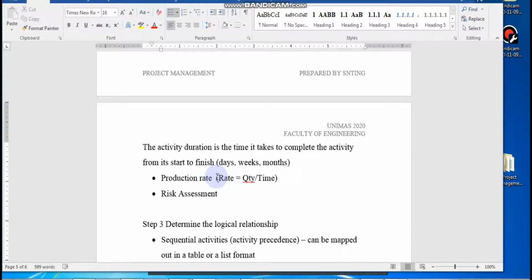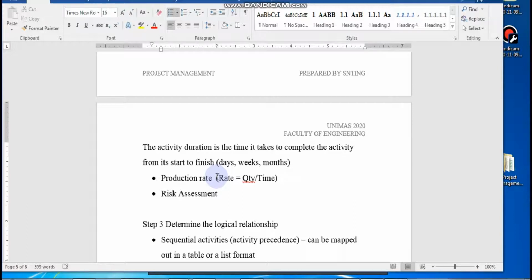So this is a risk assessment that will delay the project. So if you know that the risk is there, then you can actually adjust your production rate, and that will give you an even better and more solid kind of schedule. Okay, so it will be really, really solid.